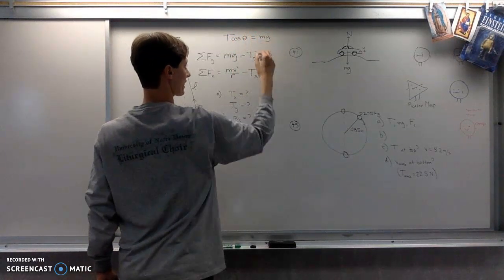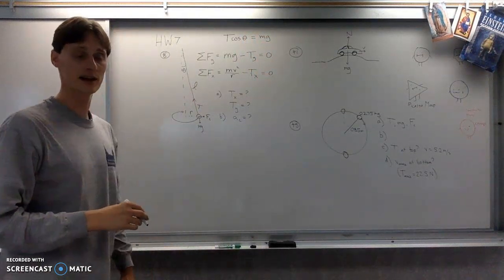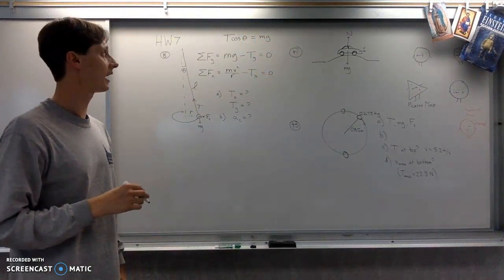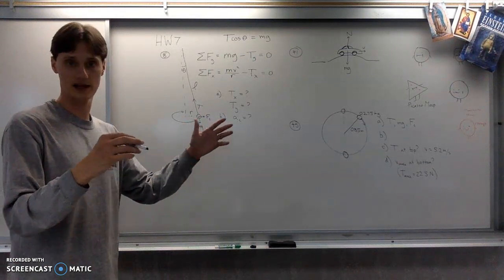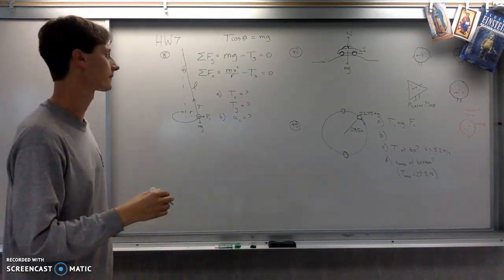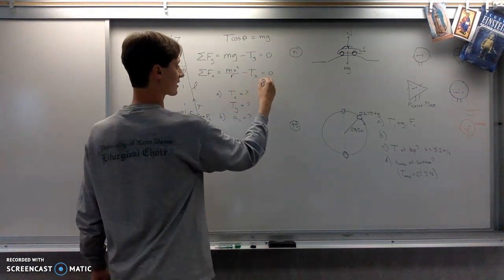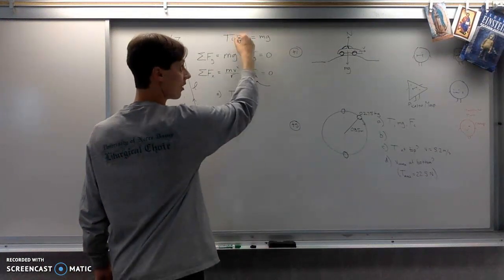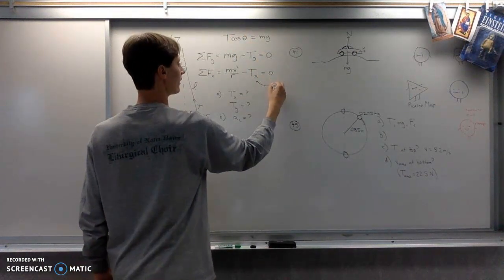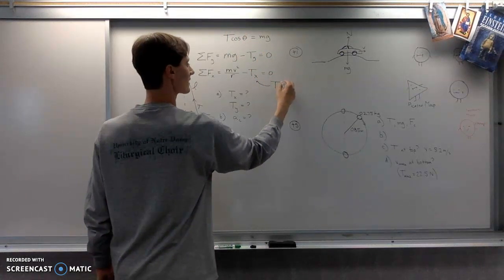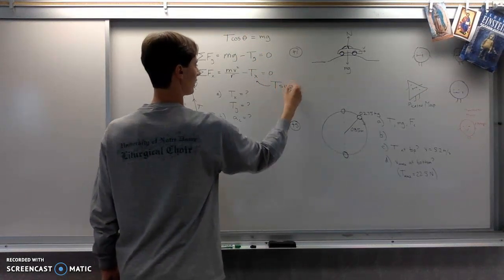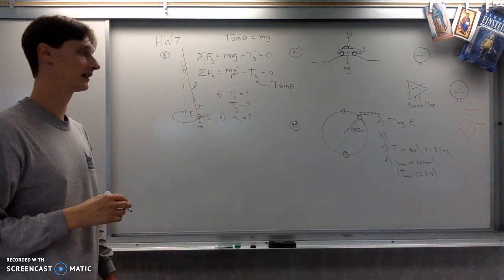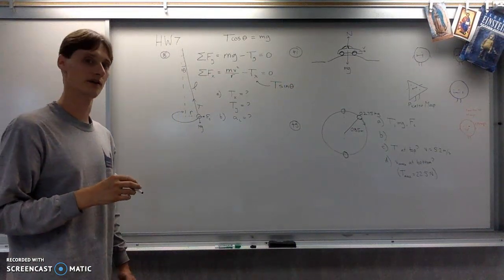And if that equals mg, then you can find the tension by taking mg divided by cosine theta. Now if I want to know the x component, if I already know what the tension is, T sine theta will give me the x component of the tension.